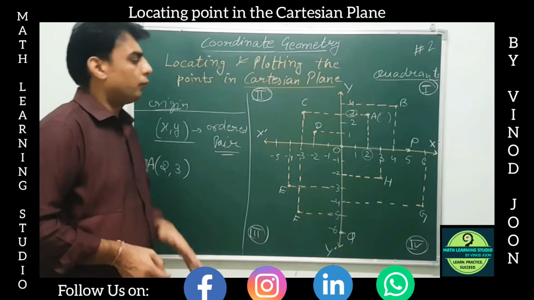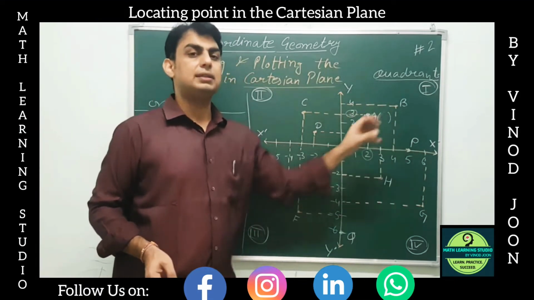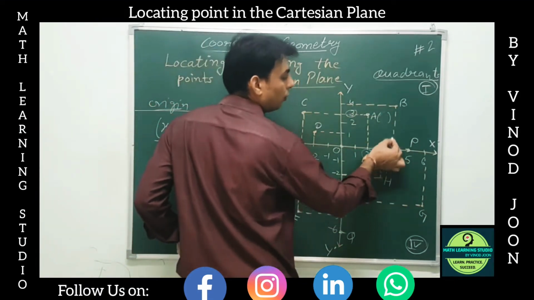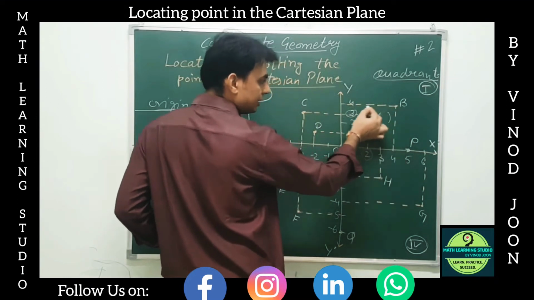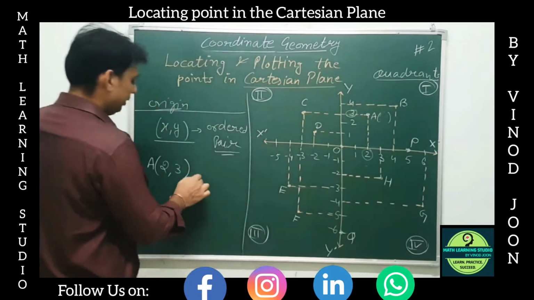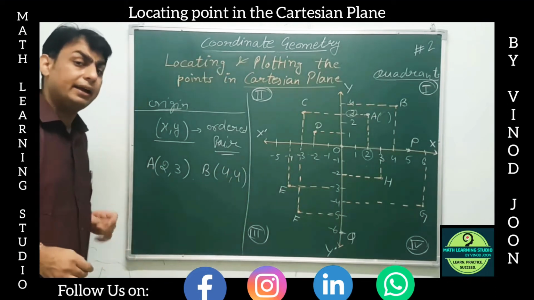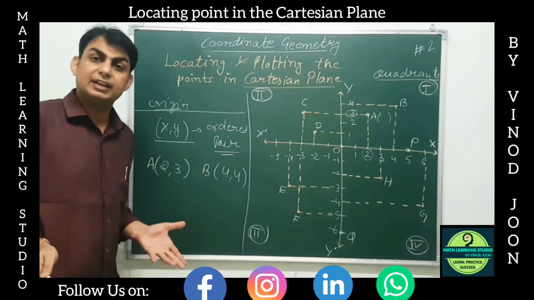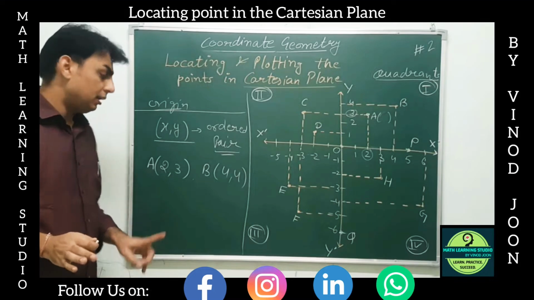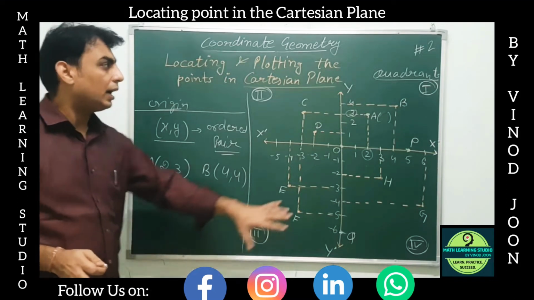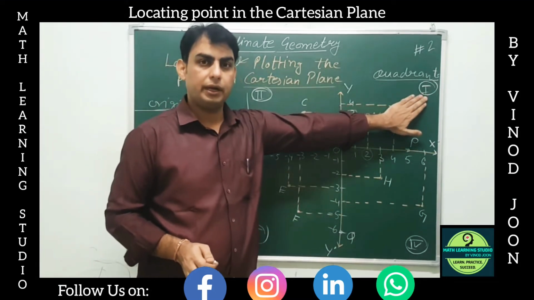Now I'm sure for point B you can easily tell that. What is it? 4 from x and we can see 4 from y. So point B has the coordinates, the two values of x and y, as 4, 4. That's it. Now you can see these 2 points are lying in the first quadrant.